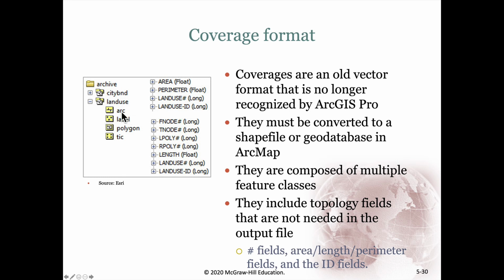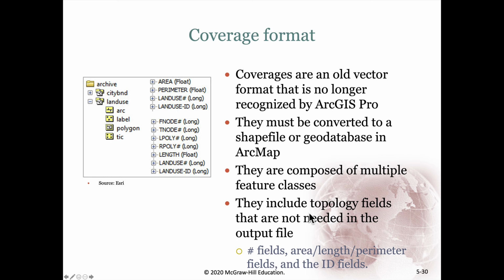It would be stored as lines, which would be the arcs, as label points, which are what these points are here, as polygons, and as ticks. So if we just wanted to display the outlines of the land use, we could use the arcs, but if we wanted to fill those in with colors, we would be able to use the polygons. So they're composed of multiple feature classes.